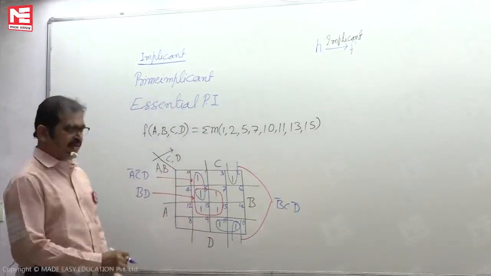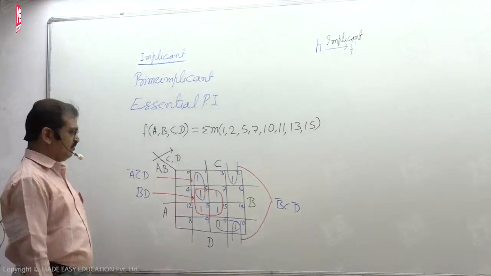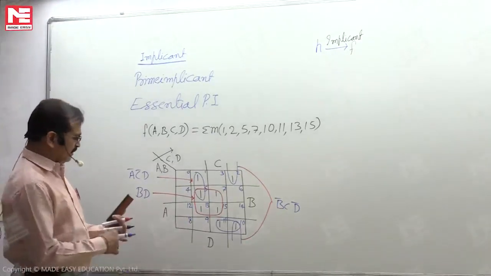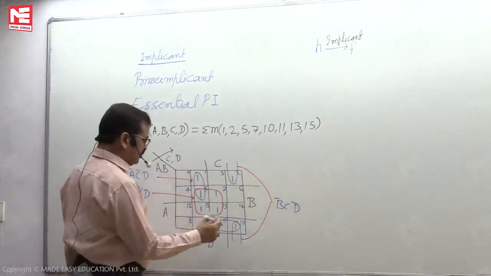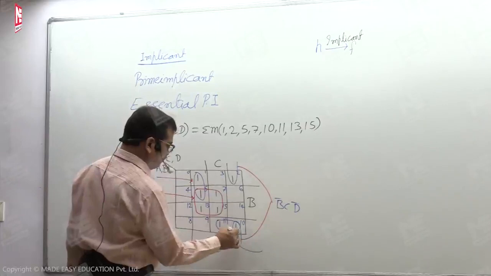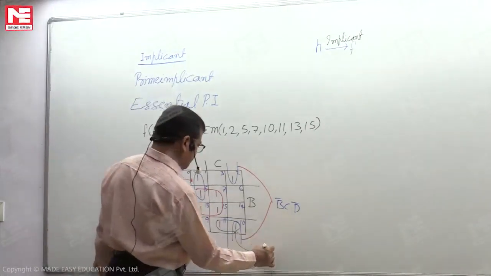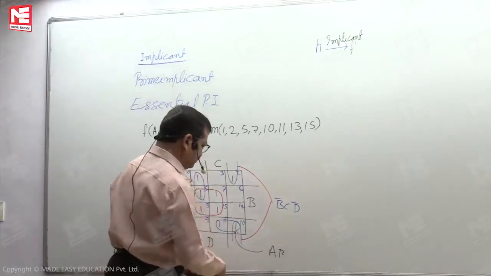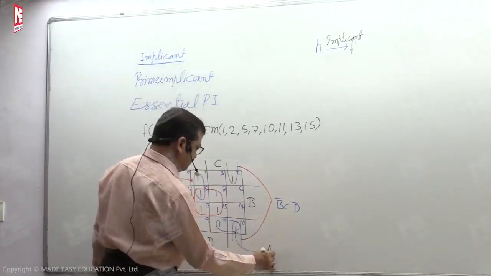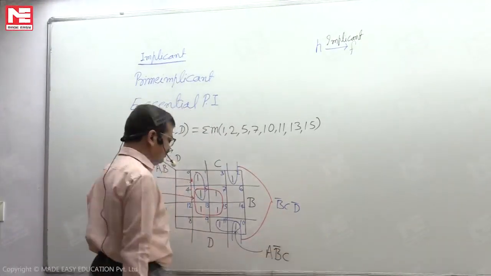Make a check, if by mistake anything is going wrong, rectify yourself. Hopefully it should not happen. So B complement C D complement, and the product form for this, 1011, is A B complement C.